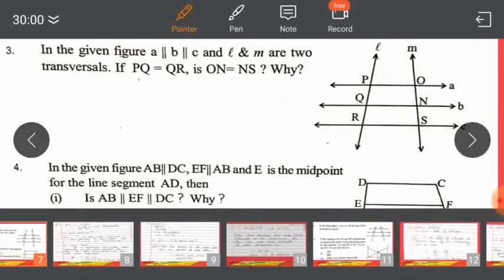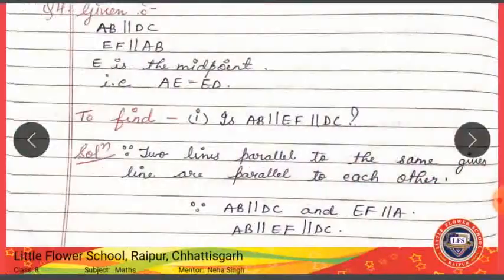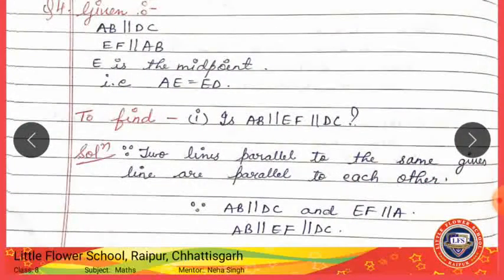Why? Because two lines parallel to the same given line are also parallel to each other. दो लाइन्स अगर वो दोनों आपस में पैरेलल हैं तो वो जिस लाइन से पैरेलल है वो लाइन से भी पैरेलल होंगे, तीनों लाइन्स आपस में पैरेलल होंगी.